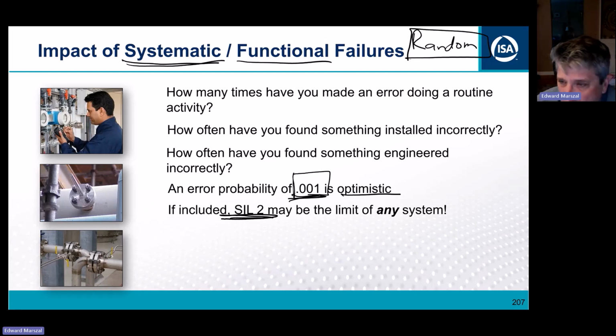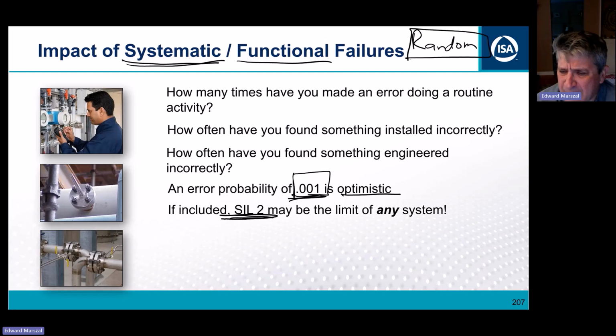But if we use those numbers, then based on human factors, we really shouldn't say that SIL 3 is even possible. So SIL 2 could kind of be a theoretical limit of a system just based on the fact that, well, some human's going to screw this up, which is another one of those reasons why, if your LOPA says you need a SIL 4, that's pretty much a hard no for almost every organization I'm aware of.